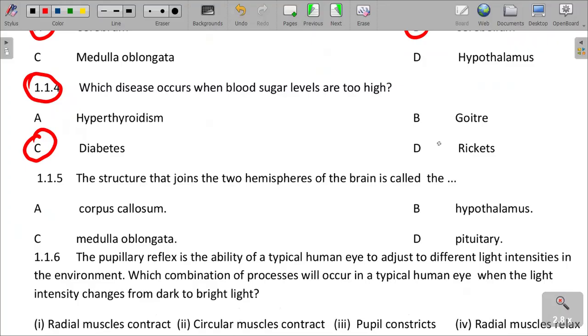Rickets is caused by a lack of iron and calcium in the body, a nutrition deficiency of iron and calcium. And then goiter is the enlargement of the human throat, which also does not happen because of blood sugar levels. But what I want you to understand is that hyperthyroidism is excess thyroxine hormone.